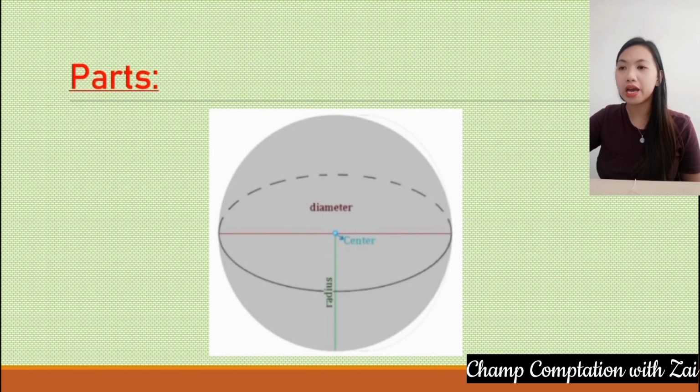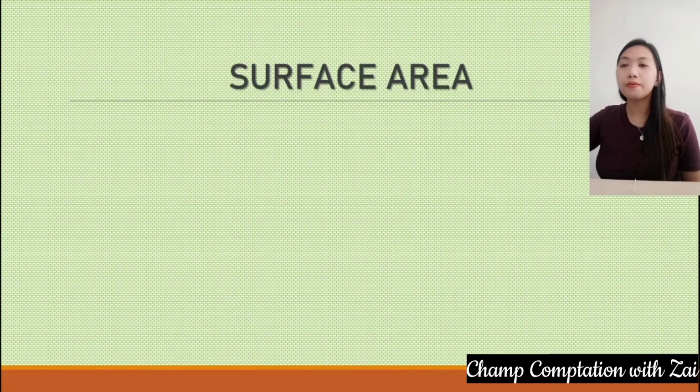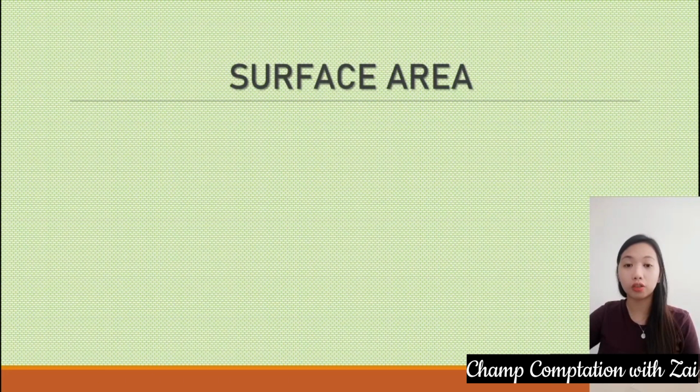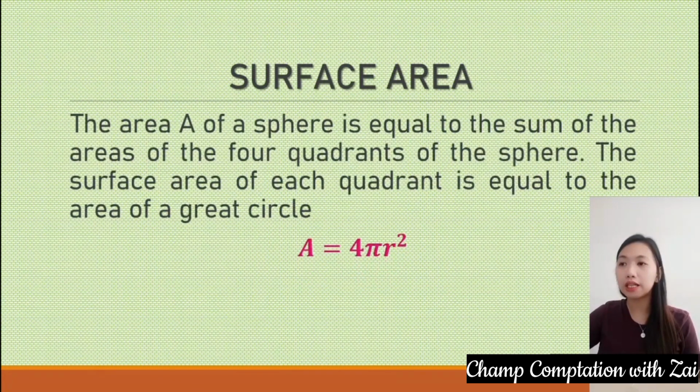We have a center, the radius, and the diameter from the left edge to the right edge. For the surface area, in a sphere we do not have lateral area, so we are going to find the total area. The total area of a sphere is equal to the sum of the areas of the 4 quadrants of the sphere.